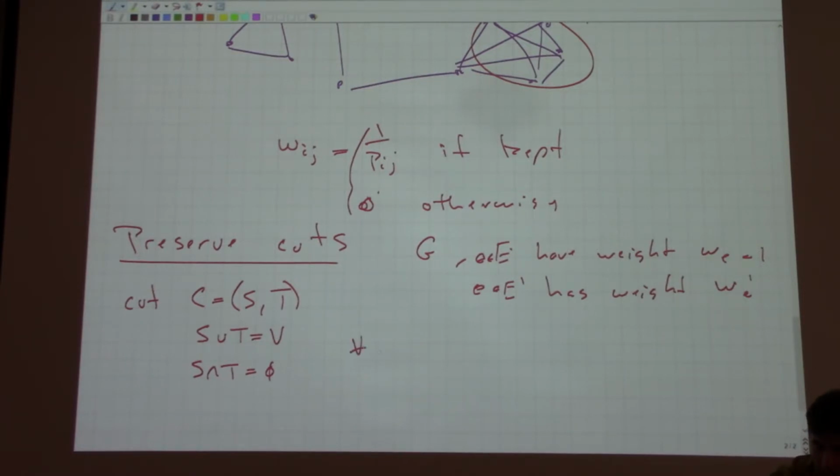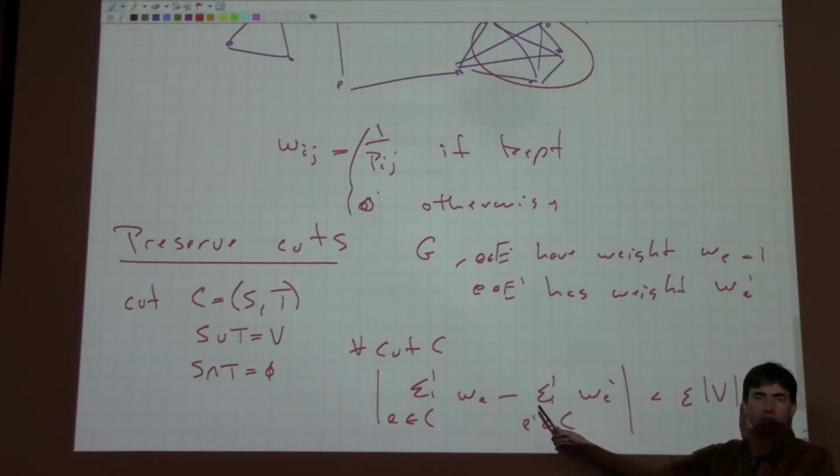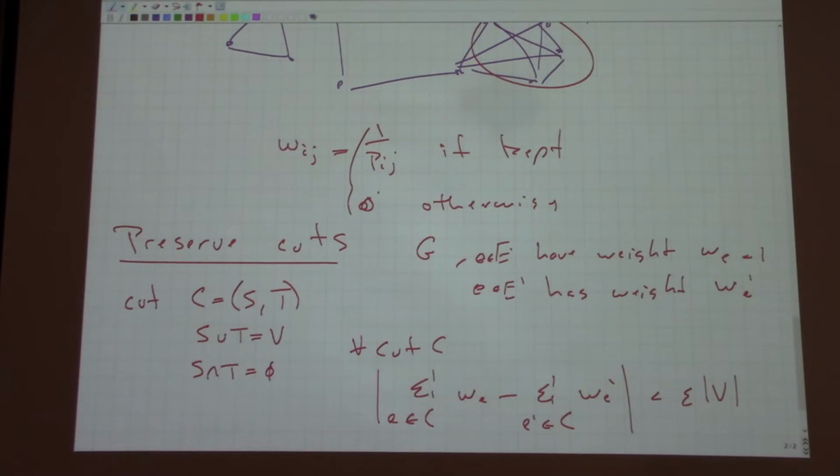And what I want is for all cuts to have the property that the weight of all the edges that I cross in the cut is going to be about the same, within epsilon times the original. So this is what this epsilon is going to mean.